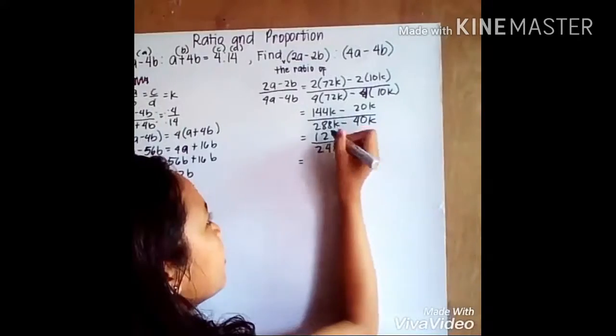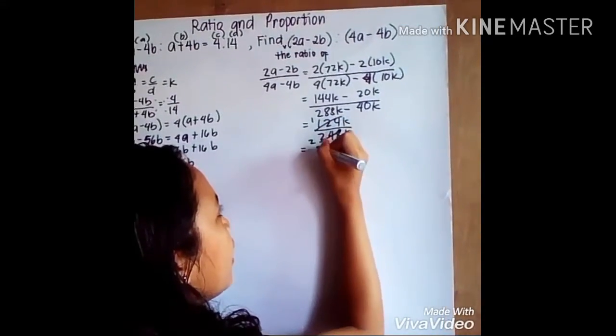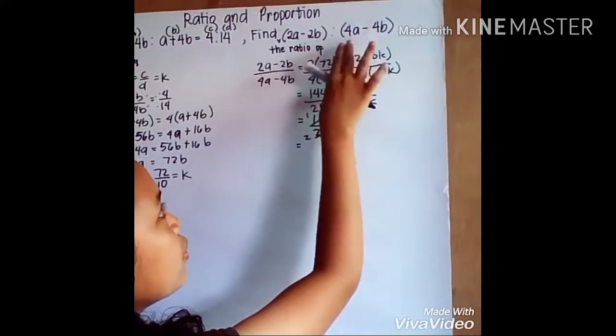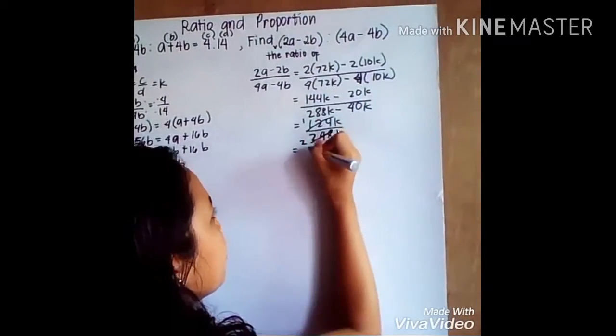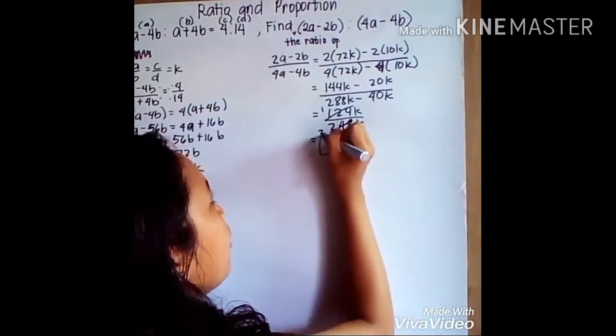When we divide, it is 1 to 2. So the ratio of 2a minus 2b to 4a minus 4b is equal to 1 is to 2. So this is the ratio.